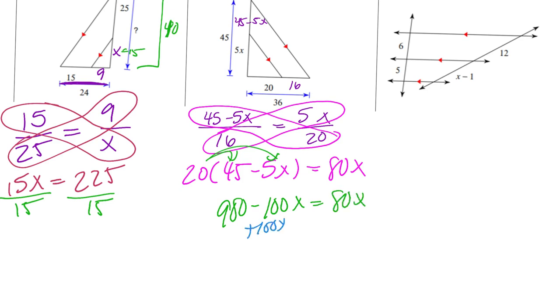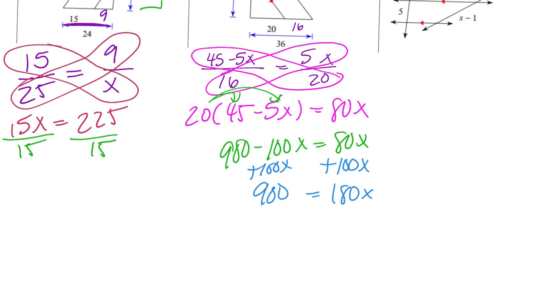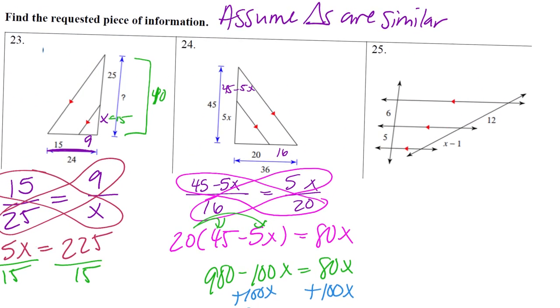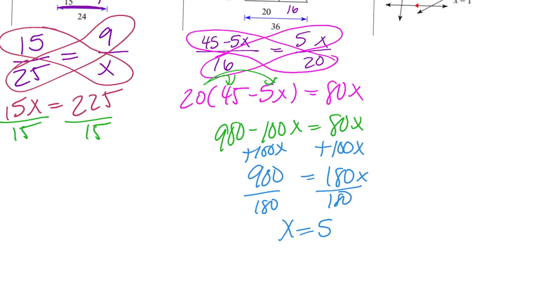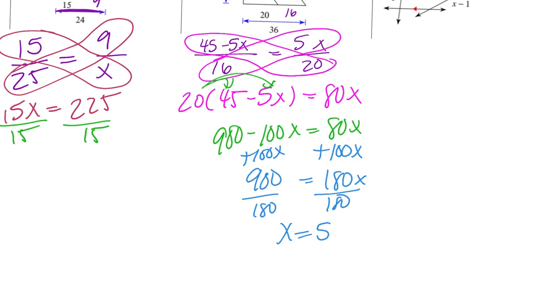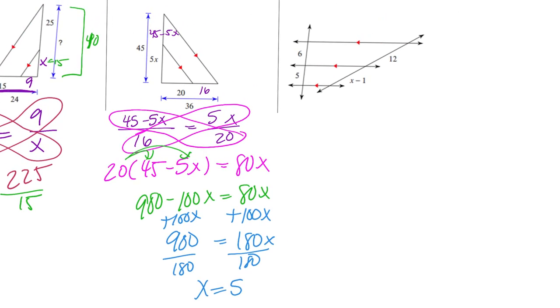Add 100x on both sides. 180x equals 900. Almost done. We just need to divide by x on both sides, or divide by 180 on both sides. So x equals 5. Let's check and see what the question was. So it just says find the missing piece of information. All right, so then we're good there with x equals 5.